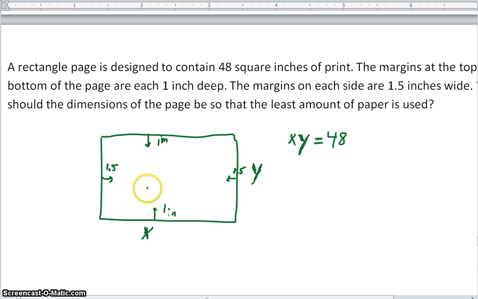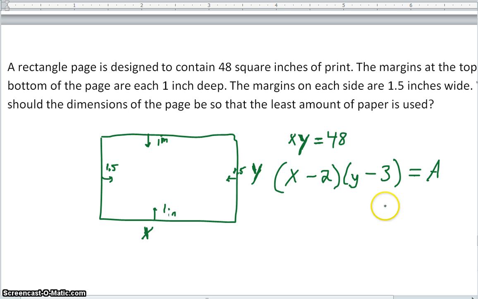We're taking this value and we're subtracting the margins. So we're actually taking x and subtracting 2 from it. And then we're subtracting 3 from y to get our area. Okay?